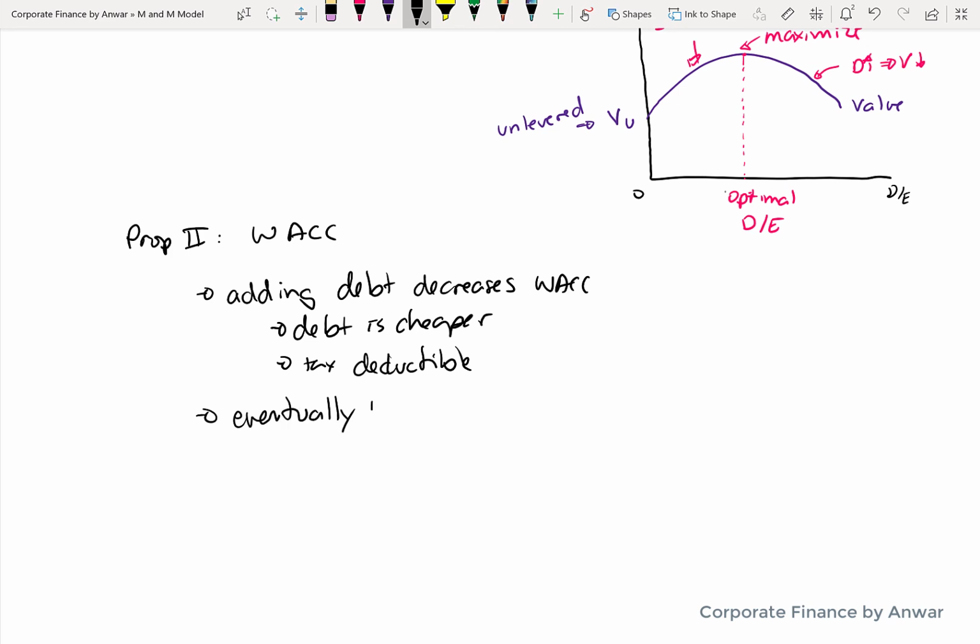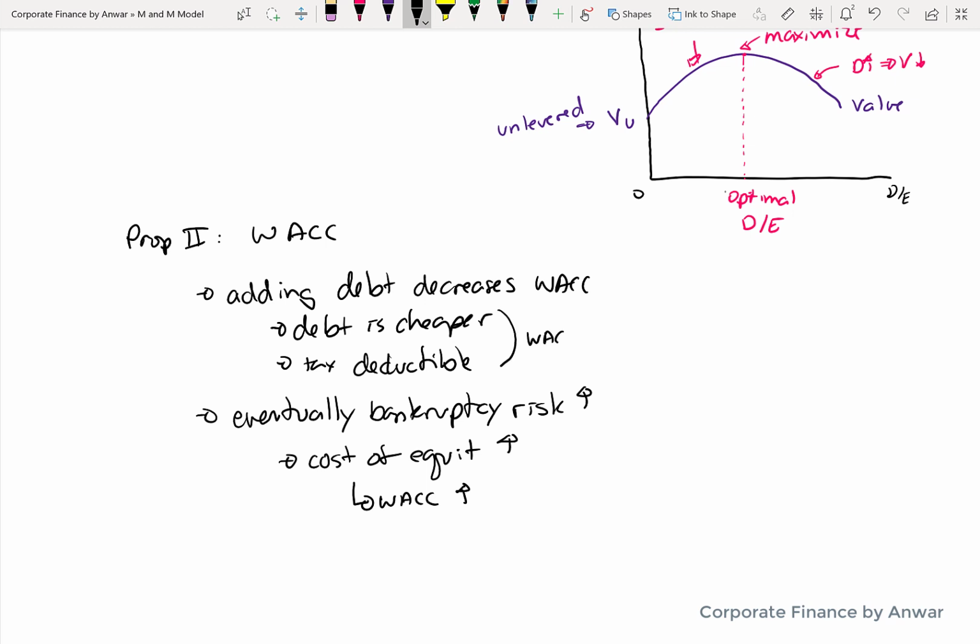But when we hit a certain point, again, adding so much debt introduces the risk of bankruptcy, and that'll make the cost of debt go up and the cost of equity, primarily equity. People don't want to invest in a company that is likely to go bankrupt. So the cost of capital starts going up after that point.